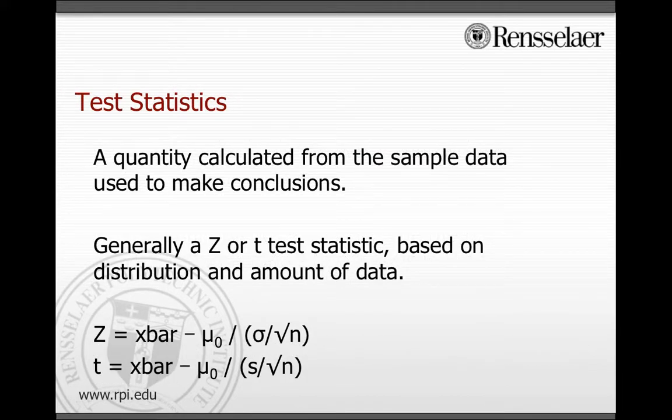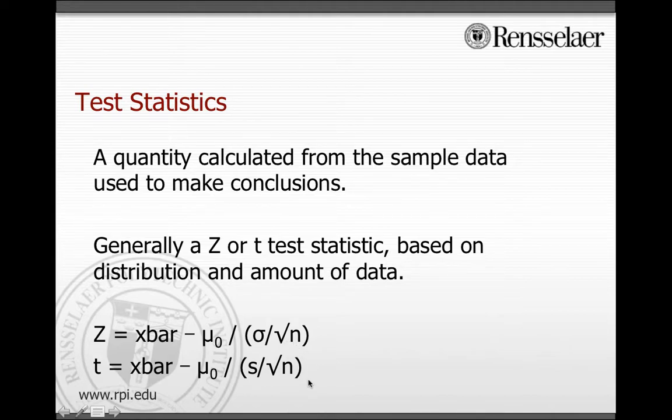So your test statistic is a calculated quantity from the sample data, and it's used to make conclusions. It's going to be a z or a t test statistic based on the distribution and the amount of data. The formula for the z looks like z equals x bar, which is your sample mean, minus mu, all divided by the sample or the population standard deviation divided by the square root of n.